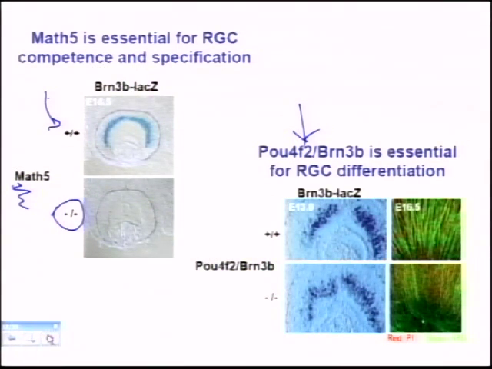We know this because if we look at brain3B reporting in the knockout retina, here's the wild-type retina, which is basically the same as the one I showed you with MAF5. But if we do a knockout of brain3B, we see that the LacZ expression is still there. So the cells can form, and ganglion cells can migrate to the ganglion cell layer, but they don't differentiate properly. Here's an example of that shown here at E16.5.